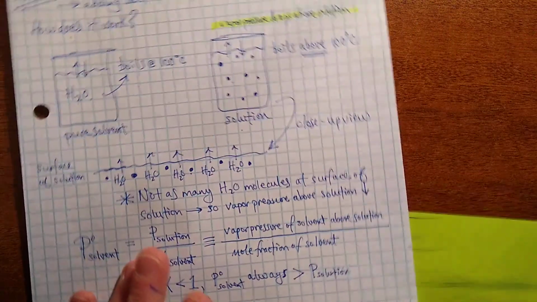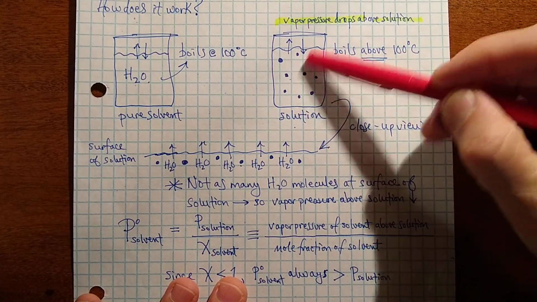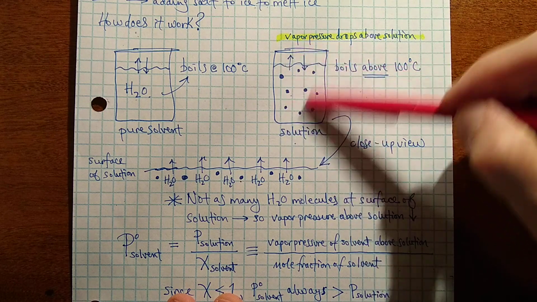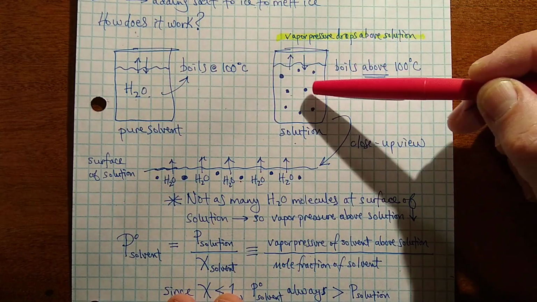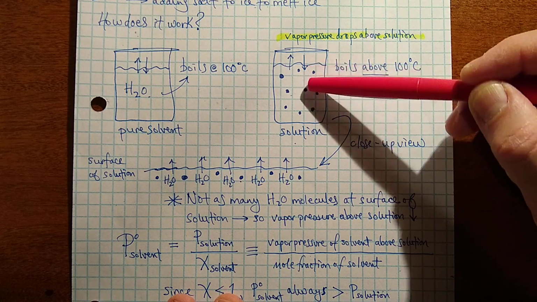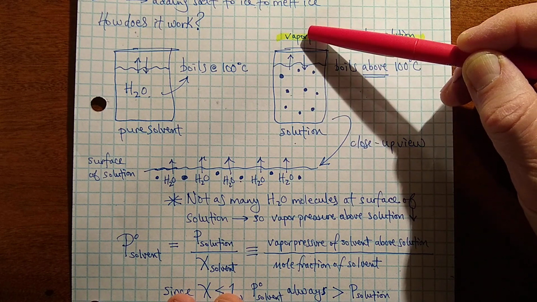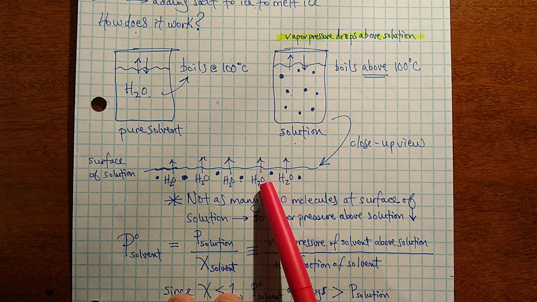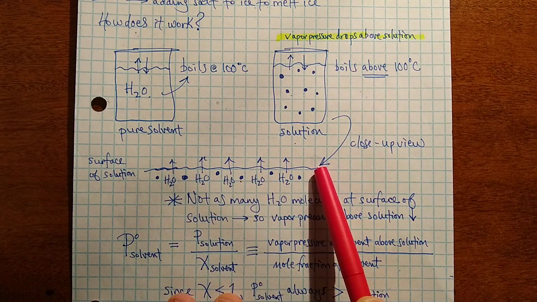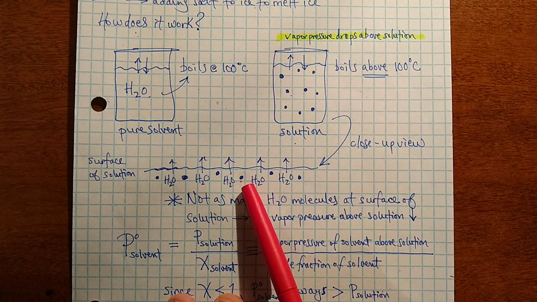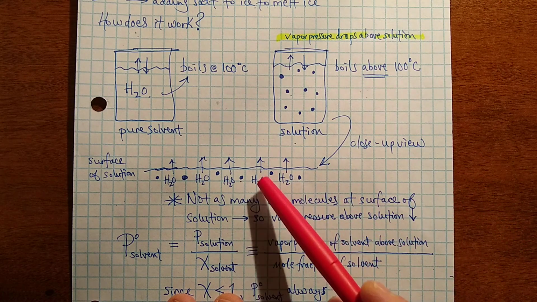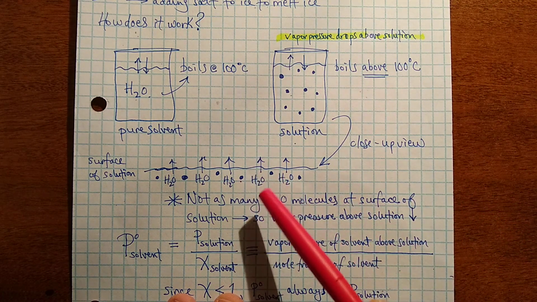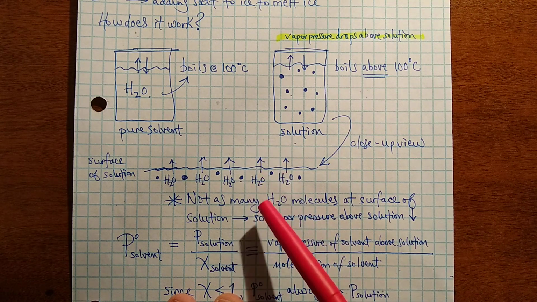It's kind of easy to see why adding a solute raises the boiling point. The solution has a higher boiling point than the pure water because when something boils, the water molecules have to escape the surface. If there are fewer water molecules at the surface to escape, then it's going to take a higher temperature to remove the water molecules from the liquid to the gas state.